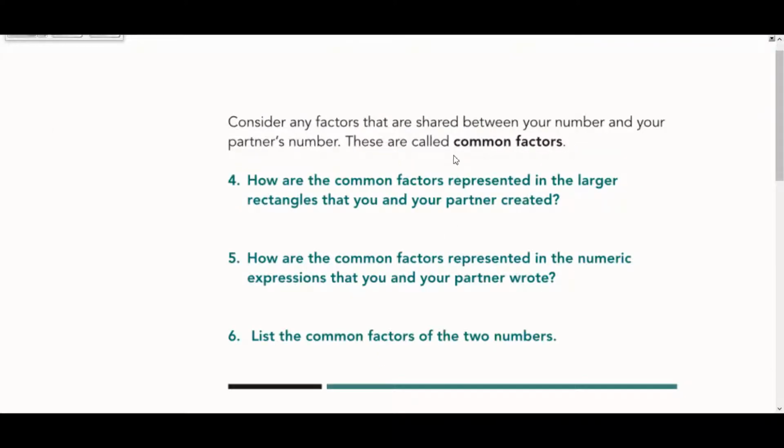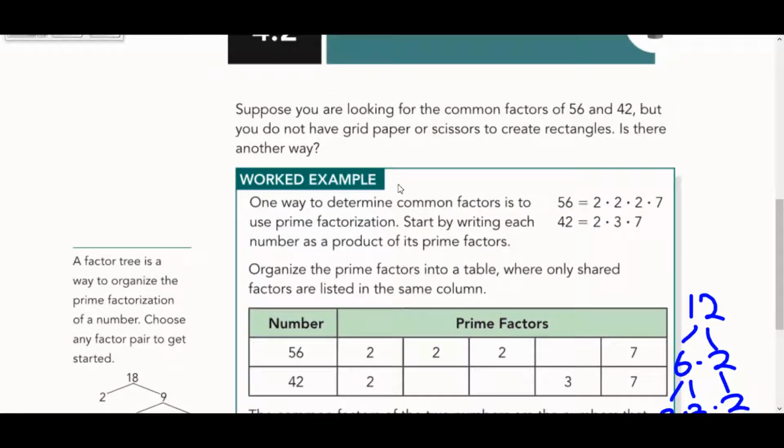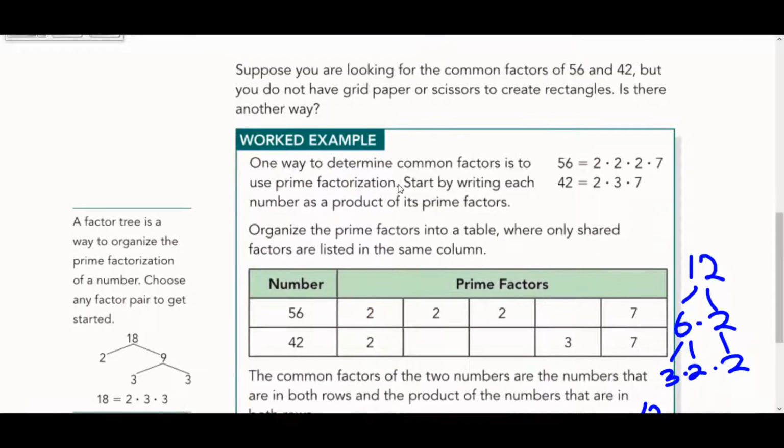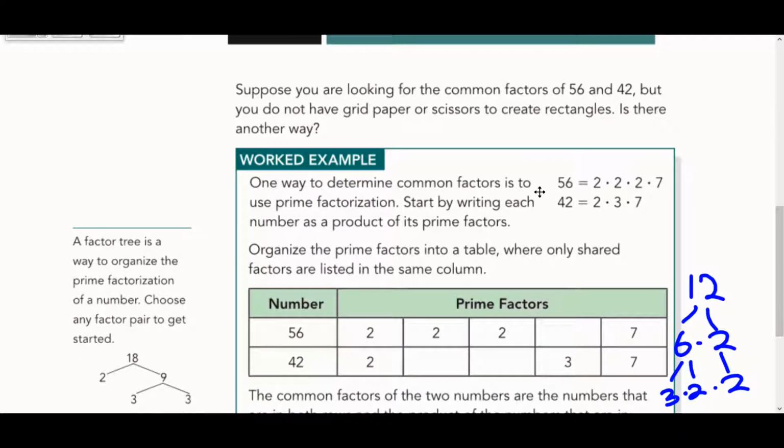Okay, then we went back into the book, and this was, I believe, page 42. And it talked about prime factorization. Remember, prime factorization lists each number only with prime numbers. So 56 is 2 times 2 times 2 times 7. Notice there are no 1s here, and there are no other numbers in this list that could be broken down further.